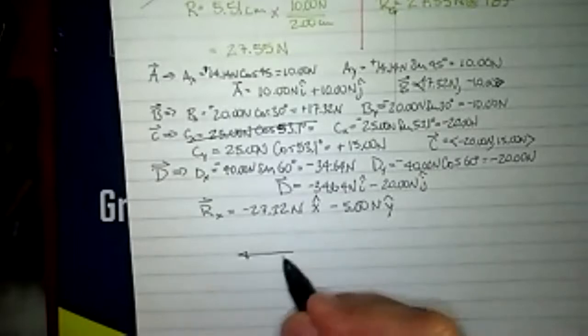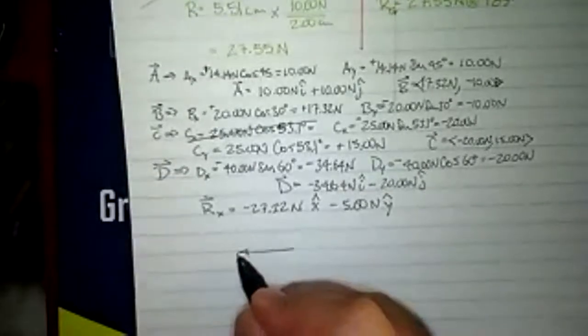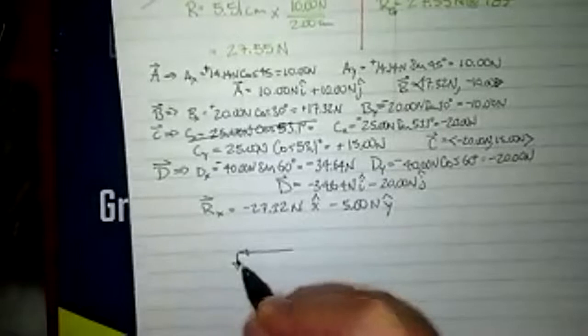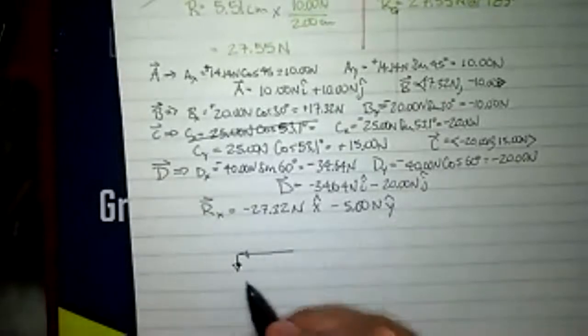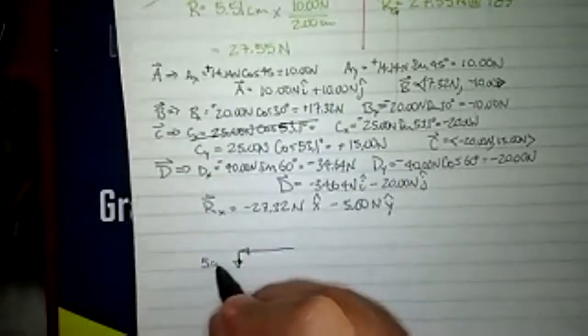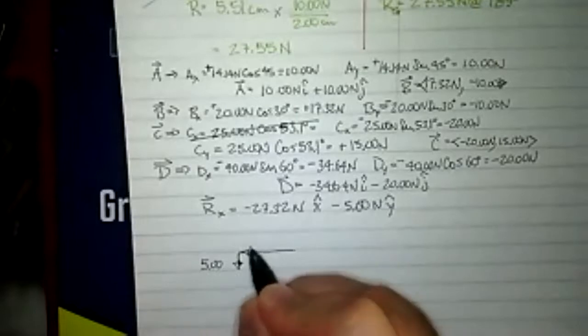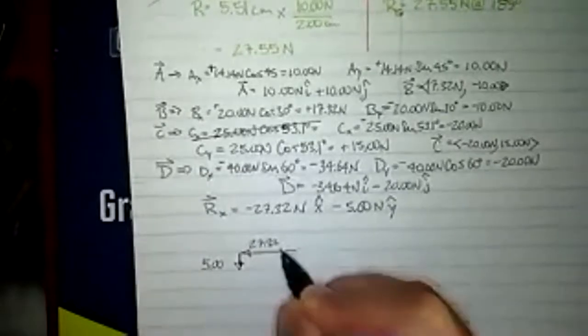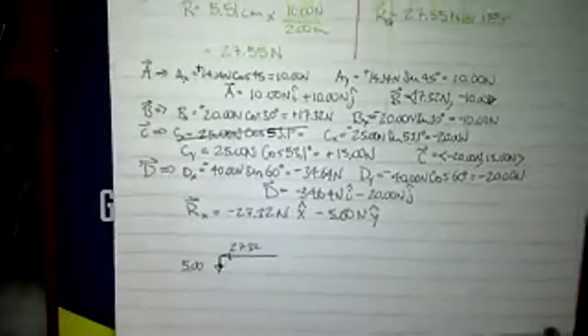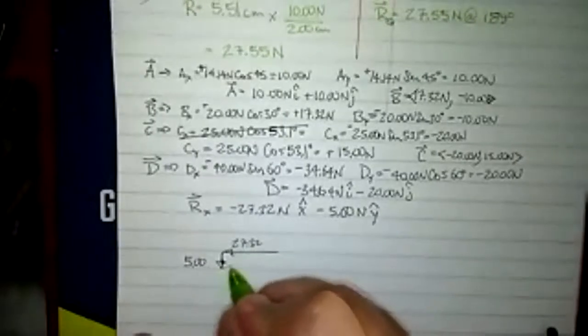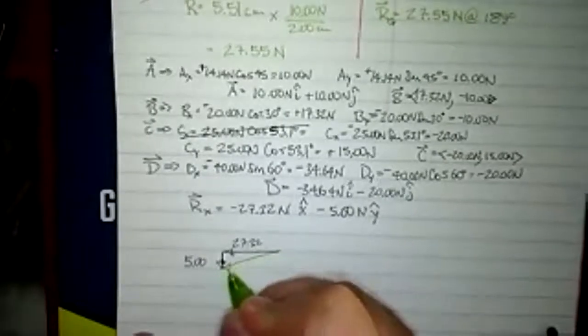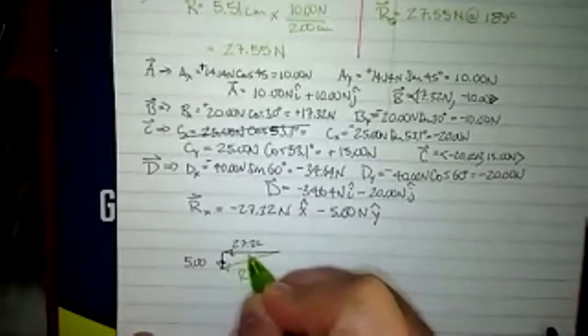Well, this is about 5 times as big as 5. So I should draw the 5 times quite small. So this is 5.00, and this is 27.32. And then that means my resultant vector R is this guy, and the angle is this guy.